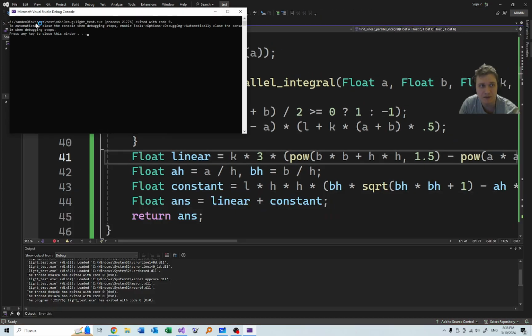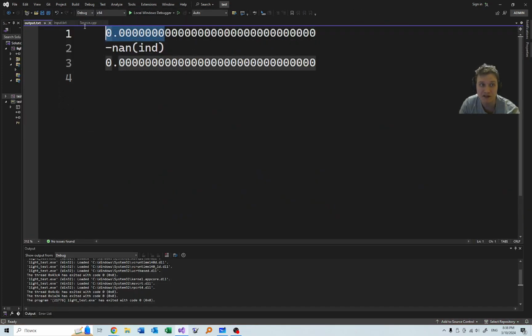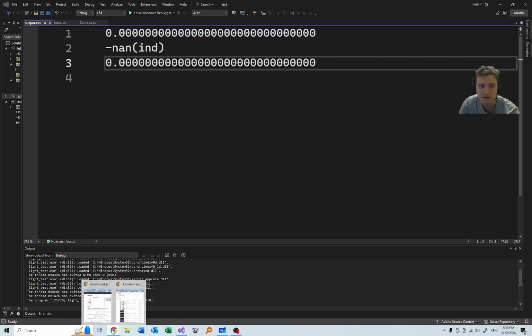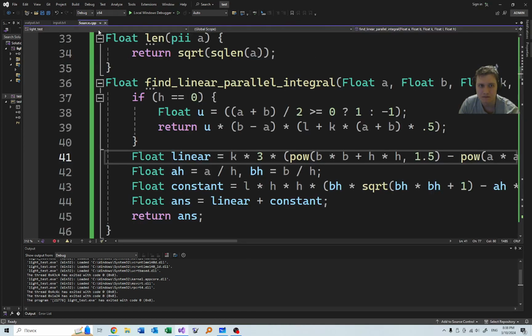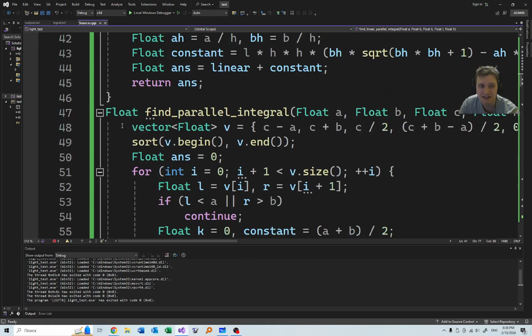Still, I think it will be incorrect. Okay, it is 0 and 3 is 0 now, which is still very bad.